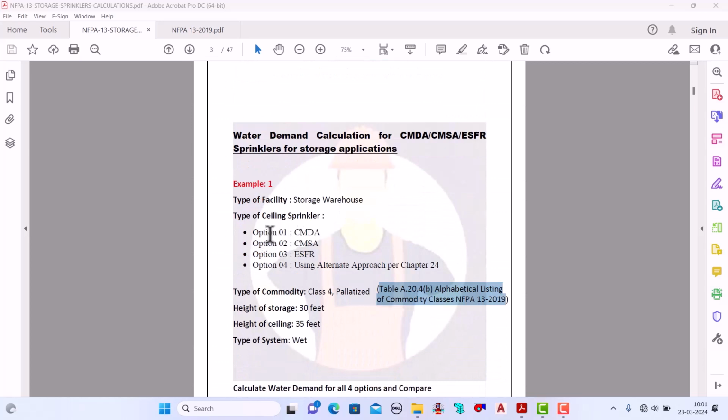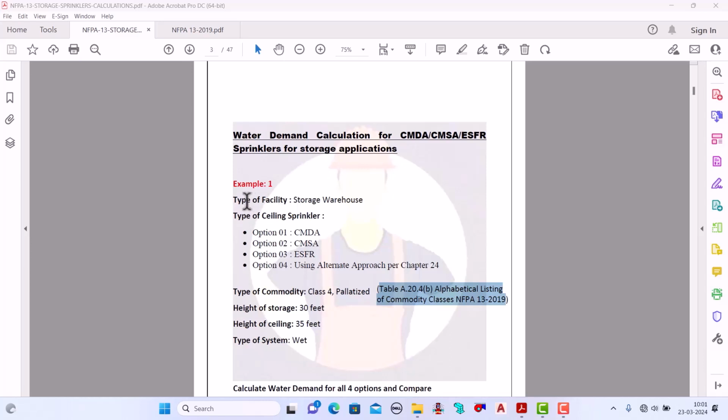Here, see, CMDA, CMSA, ESFR and extended coverage area, using the alternative approach. So firstly we have to see example one. Firstly we have to be familiar with which type of storage we are going to design.